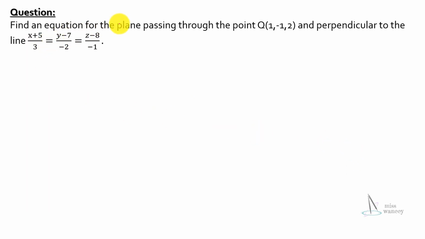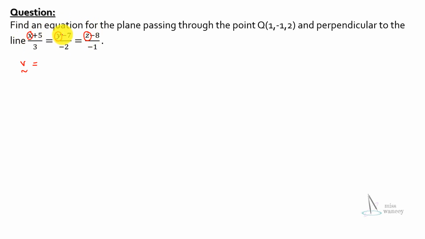So find an equation for the plane passing through the point Q and perpendicular to the line over here. Okay, so from here, I need to take out the v because the v is actually the n. So how do we find the v? If you can see this is x, this is positive y, this is positive z.